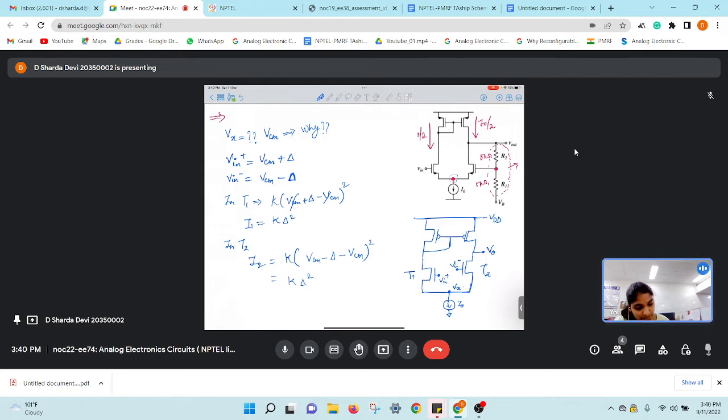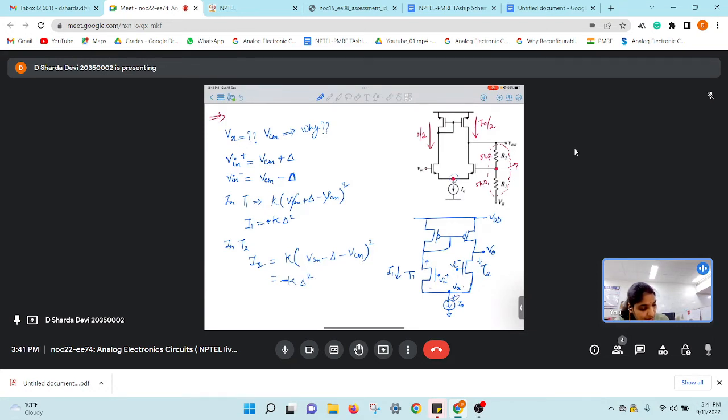Since these two are equal, here we'll see a negative sign too. That is because this current is actually reducing in nature. In T2 it is reducing, and in T1 it is increasing, so this will be positive and this will be negative. That's why the negative sign comes into the picture. So this I1, which is increasing in this particular transistor, should not go to the tail transistor.